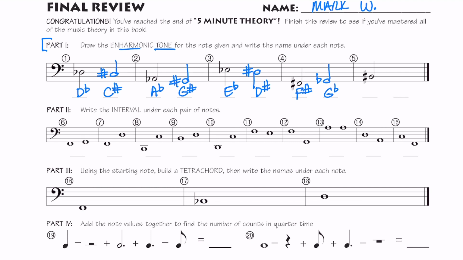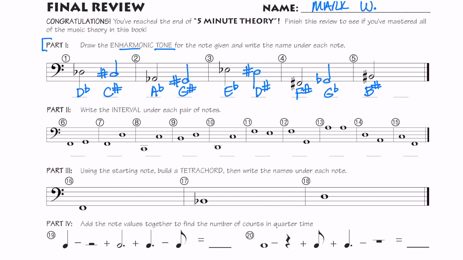Now one tricky one at the end here, a B sharp. Now in your head, because I don't have a keyboard here, if you remember where B is, a half step up from B, there's no accidental there.